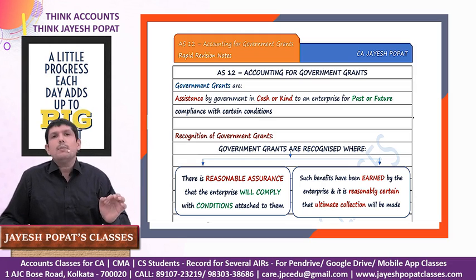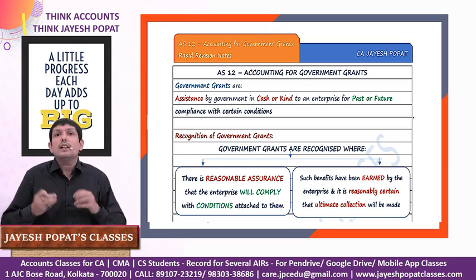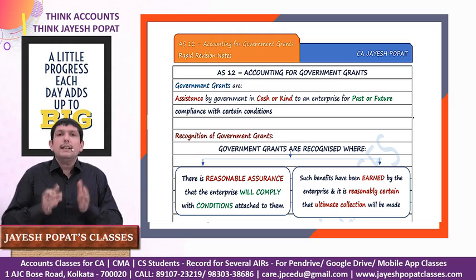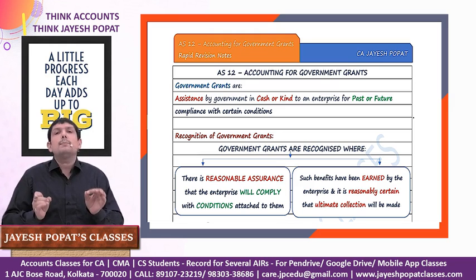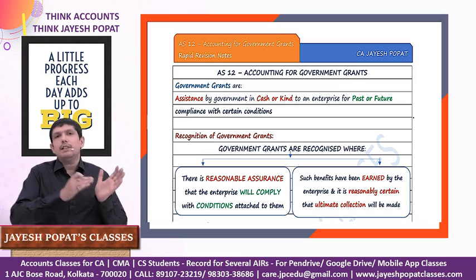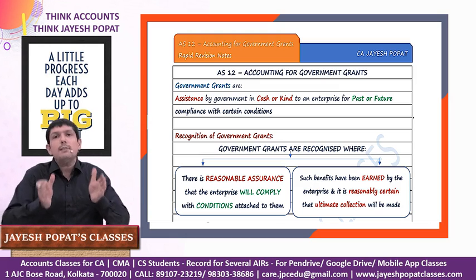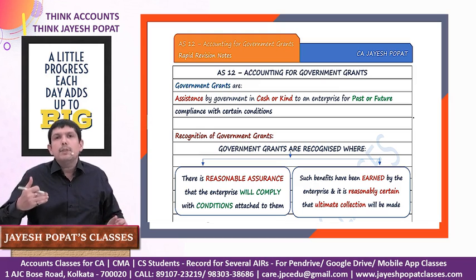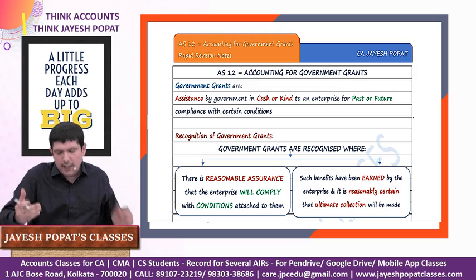Whenever we talk about a grant, we think about a gratuitous act, that something is given free of cost, but here the government is providing assistance to the enterprise, and this is not free of cost. The enterprise is supposed to comply with certain terms and conditions. Either it has complied in the past or it has to comply in future, and by virtue of complying with these terms and conditions, the government will provide a subsidy or a grant.